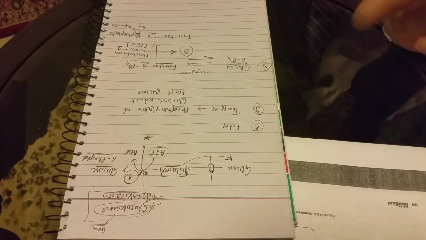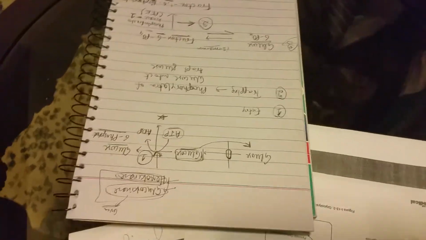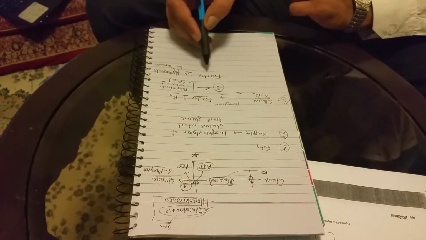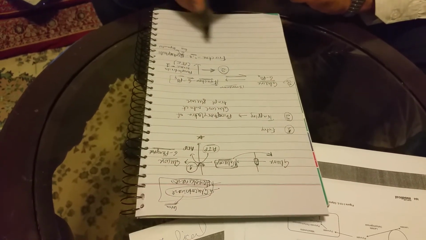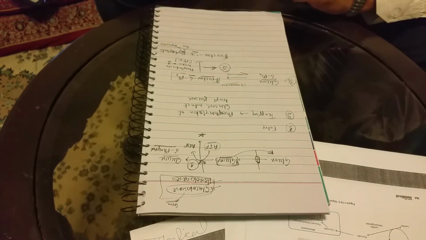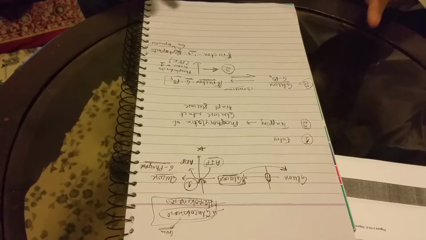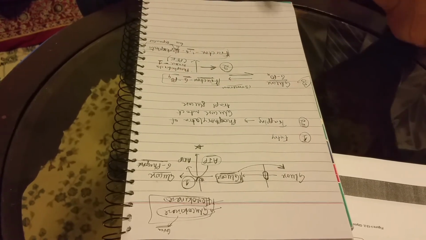So you have to understand that the first irreversible step is the formation of glucose 6-phosphate from glucose, while the second irreversible step is the formation of fructose 1,6-bisphosphate from fructose 6-phosphate. I hope this is clear.